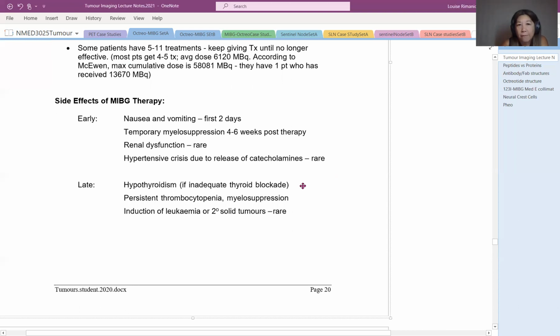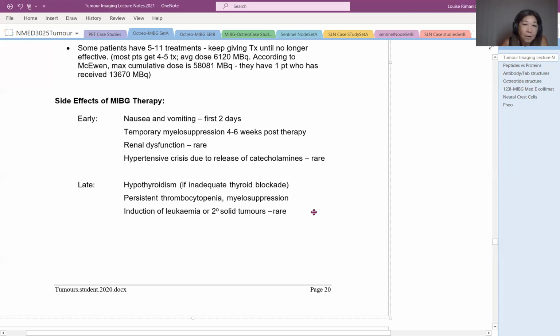There are late effects, including hypothyroidism, particularly if the thyroid gland is not adequately blocked during treatment. Again, persistent thrombocytopenia, myelosuppression. And unfortunately, like so many of the treatments that we give involving radiation, it may cause leukemia or a secondary tumor.